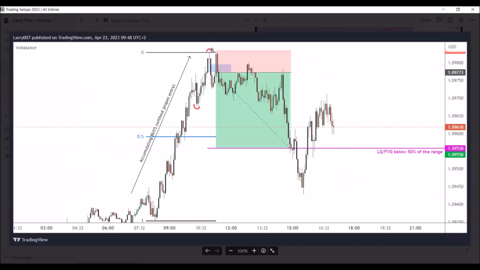Now on the 4 minutes, you have all the accumulation of buys since the evening, since Monday 4 p.m., we are accumulating buys, okay?